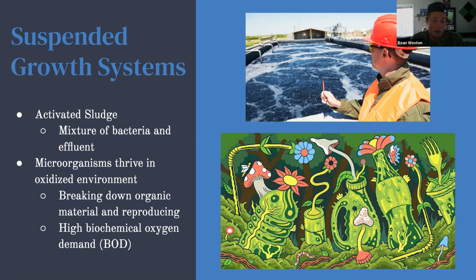These microorganisms are breaking down possibly harmful organic material, and they're reproducing in the process, creating more of themselves and ultimately reducing the biochemical oxygen demand in the tank, which is good because we don't want any living organisms or possible parasites living in there. So a low BOD is good for wastewater treatment facilities.